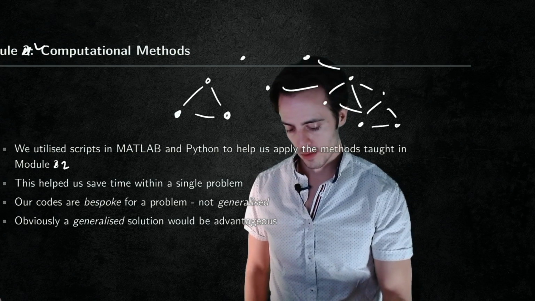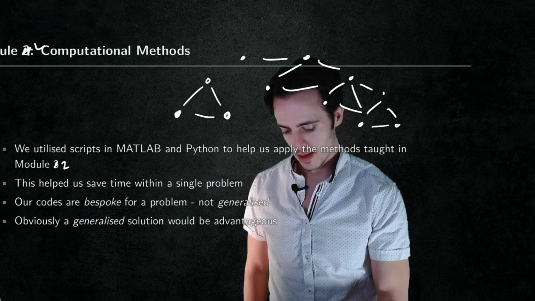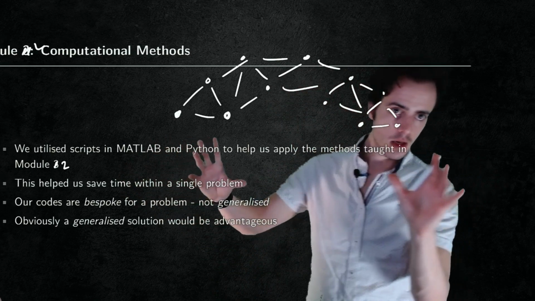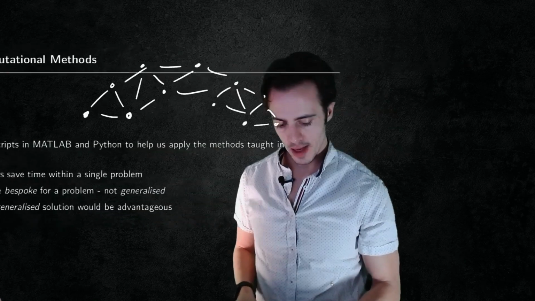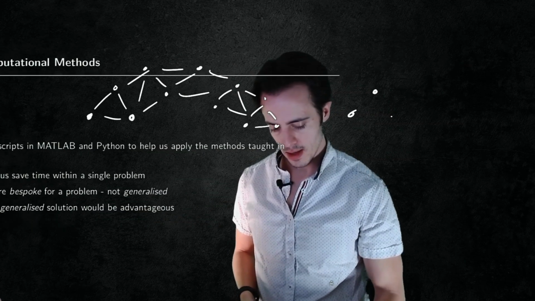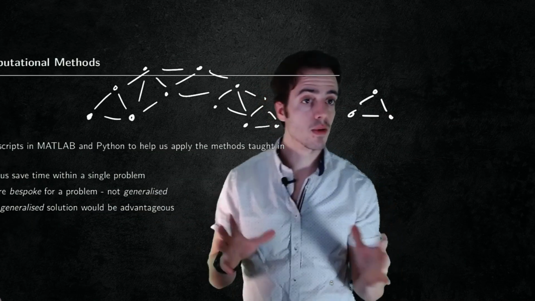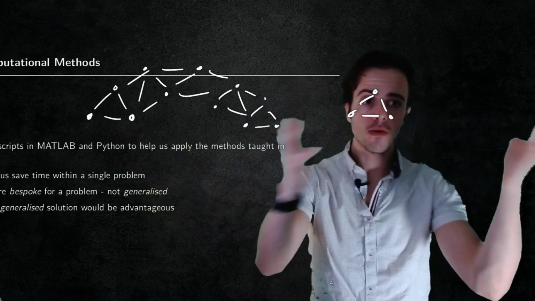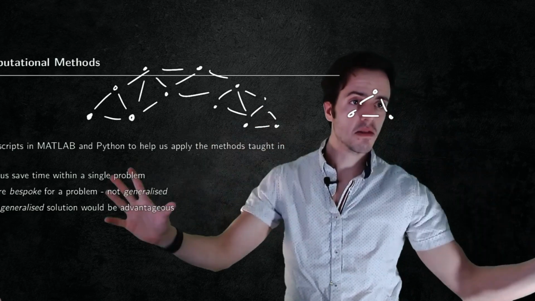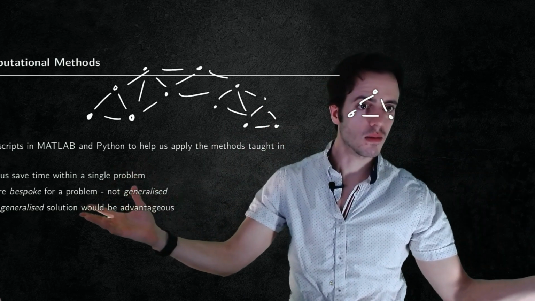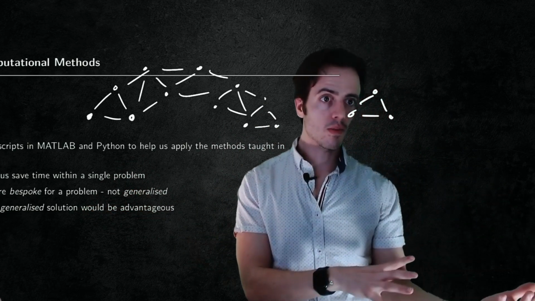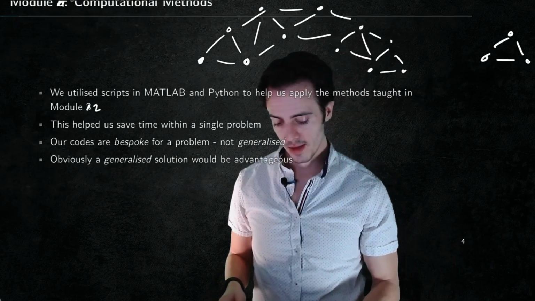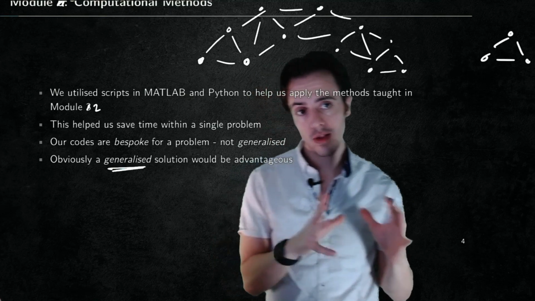I'd have to have one there as well. Say this problem here could be solvable just as simply as this problem here, if we were able to somehow capture all the information about this truss, put it into some sort of spreadsheet, for example, or an input file, and give it to a piece of software, give it to a piece of code that we've written, and it would be able to produce the answer. That would be a generalized solution.